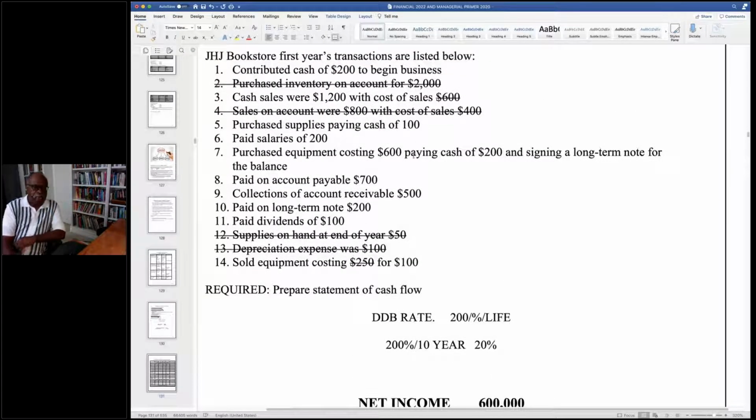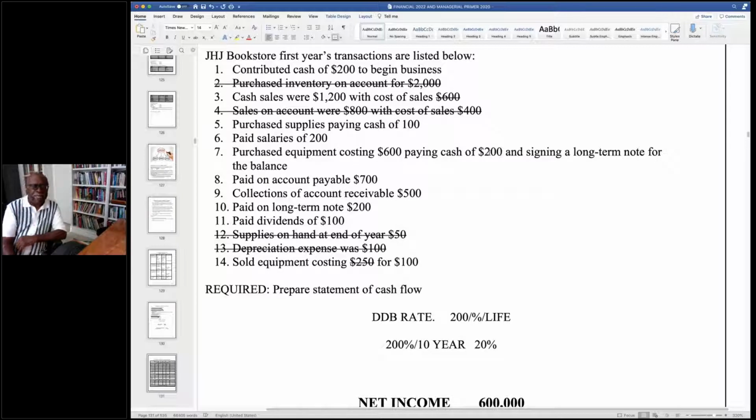Okay, we purchased equipment that cost 600, paying cash of 200, and signing a long-term note for the balance. The cash outlay is 200, but because it's a long-term asset we purchased, we're going to list the 600, and then we're going to list the note at 400.